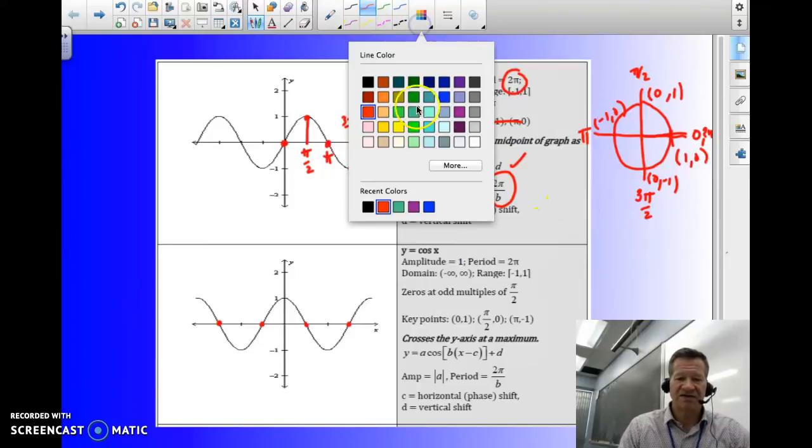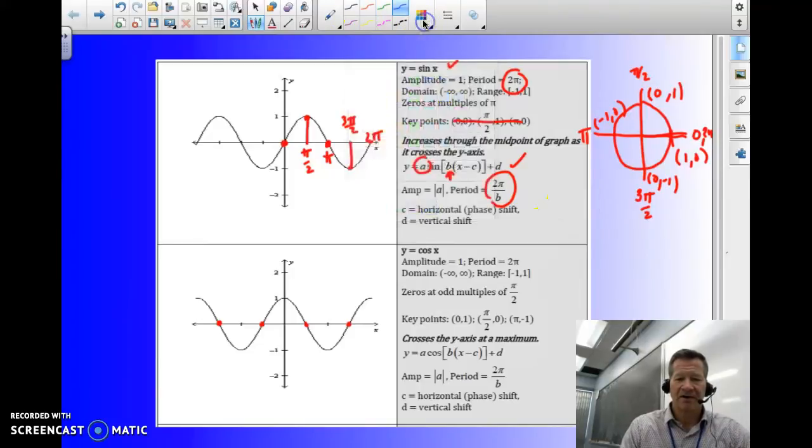If I would do cosine instead, well, cosine of 0 is 1, so it starts up at a maximum 0, 1. And then pi over 2 would be 0. Pi would be -1, because we're looking at the x value, and so on and so forth. Okay, explaining the look of that graph.